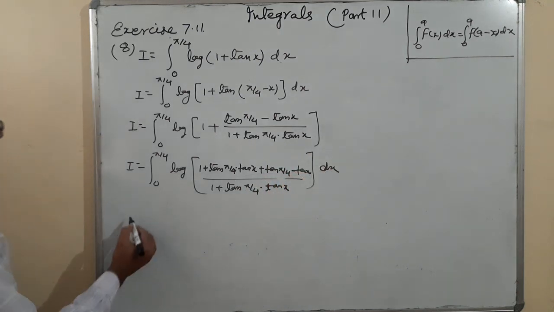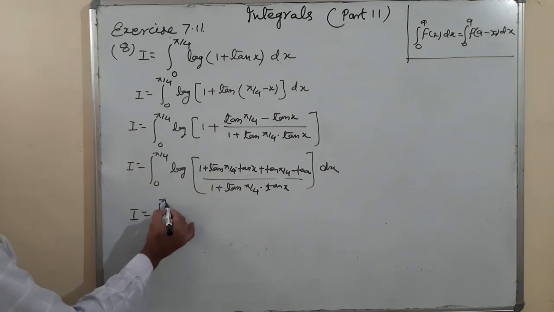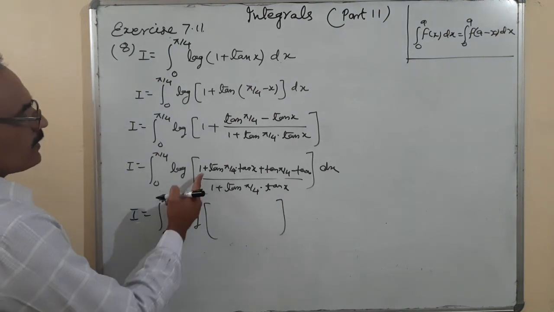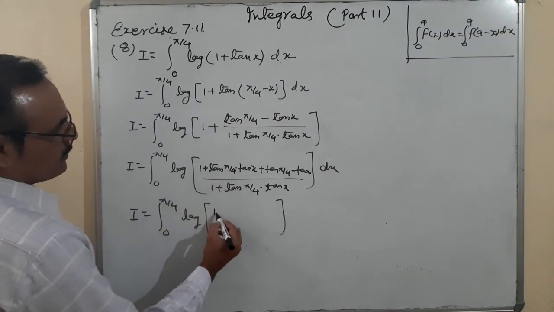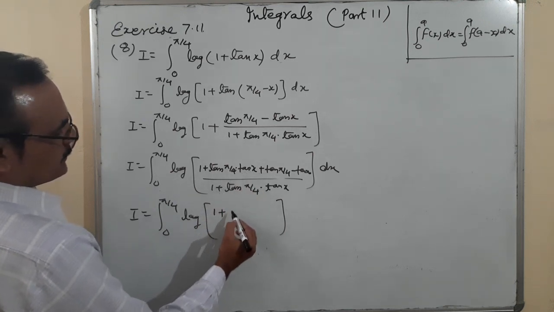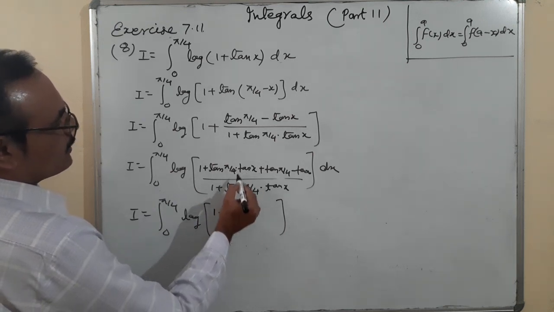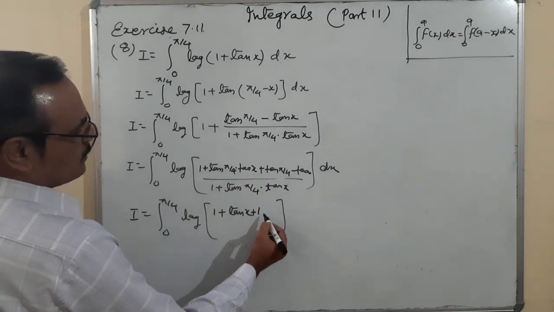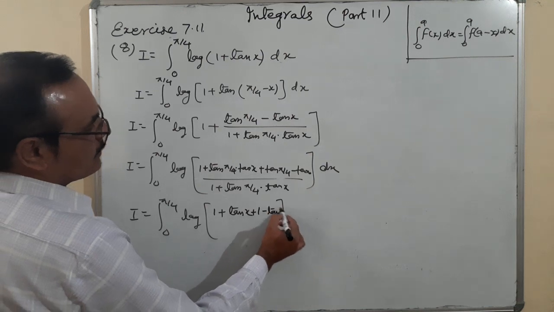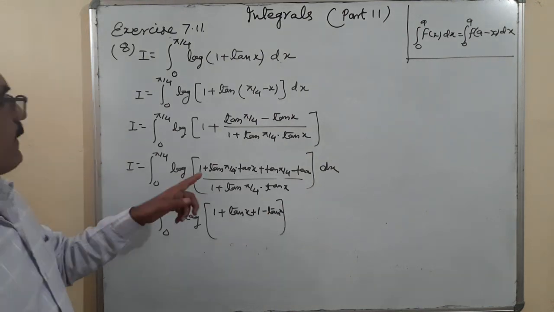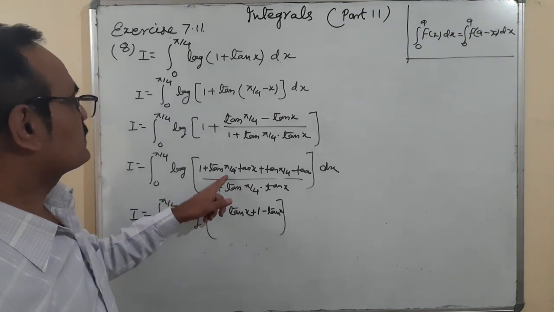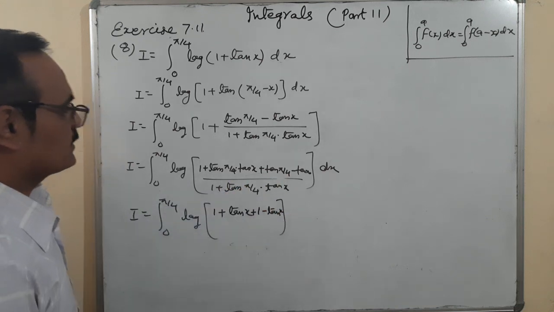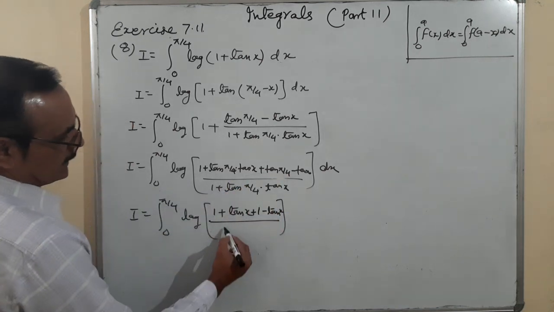And do we know the value of tan pi by 4? 1. So may I put in place of tan pi by 4, 1. So it is 1 plus tan x plus 1 minus tan x upon 1 plus tan x.